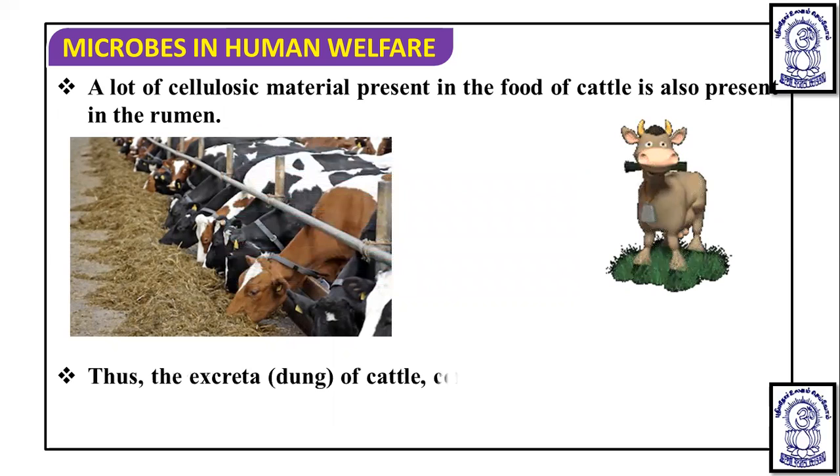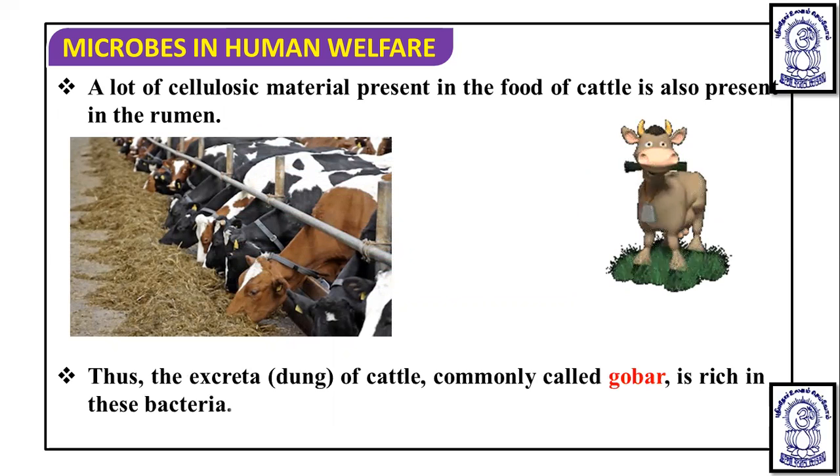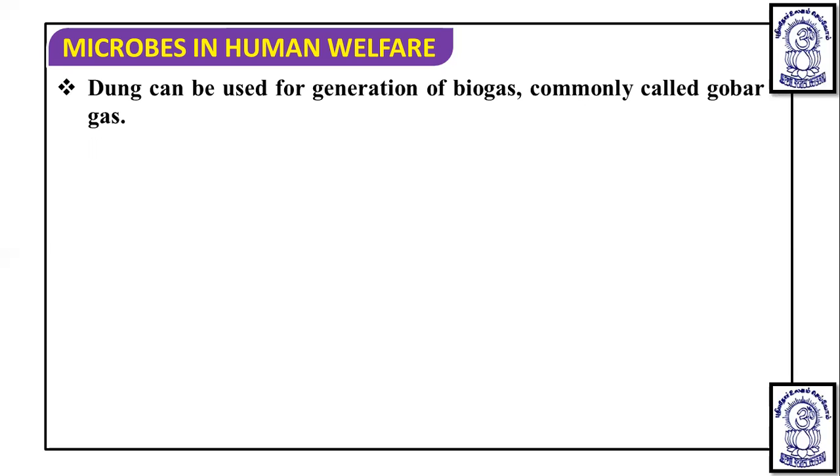Thus, the excreta produced by cattle, commonly called gobar, is rich in these bacteria, that is methanogens. This dung produced by cattle is used for the generation of biogas, and is commonly called gobar gas.